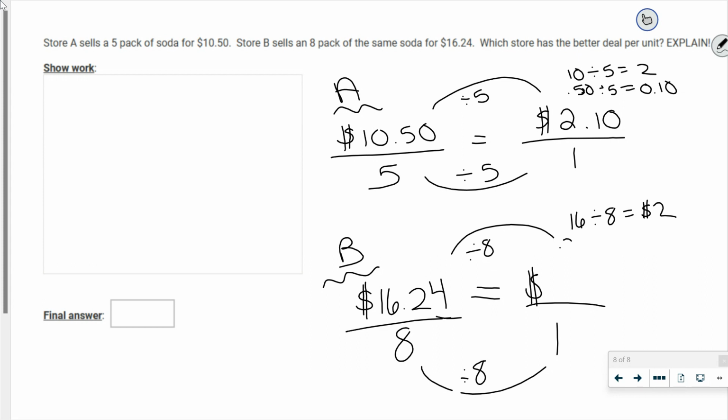And then 24 cents divided by 8, you have to be careful here, we've actually already talked about this in class, is 3 cents, which will be written like so. It would not be written as 0.3. That's actually 30 cents. 3 cents has a 0 before it because it's 3 out of 100 or 3/100ths.